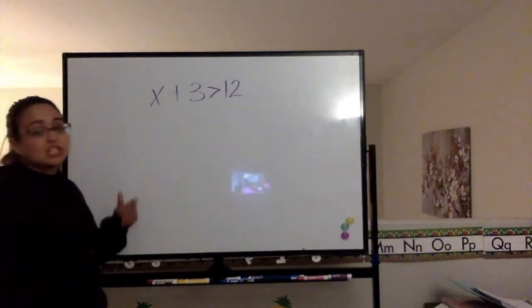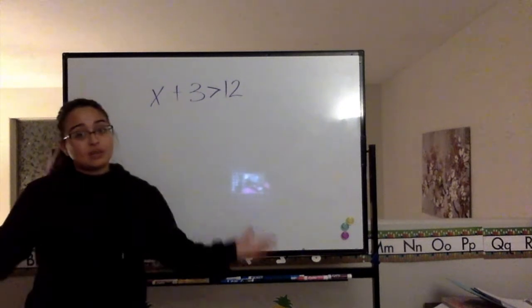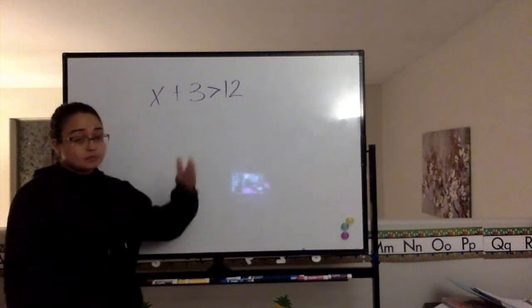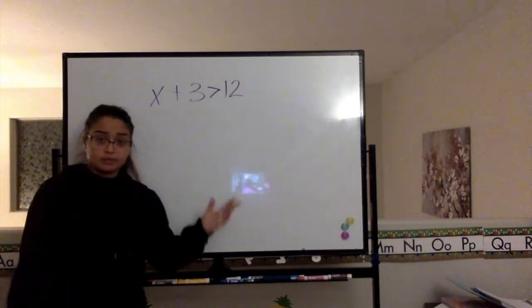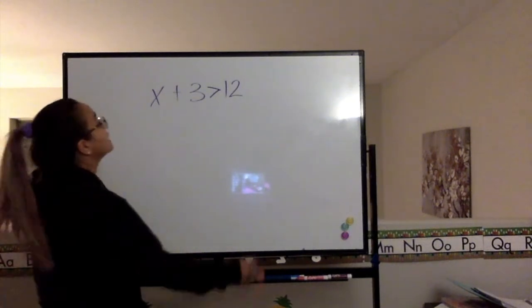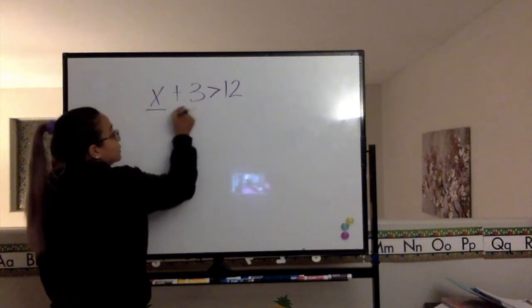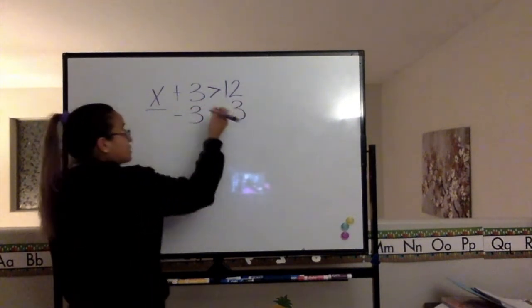Okay, so solving inequalities, addition and subtraction. Just like solving an equation with addition and subtraction. We have x plus 3 is greater than 12. How are we going to solve for this inequality? We are going to try to get our variable alone. So we're going to do that by subtracting 3 to both sides.